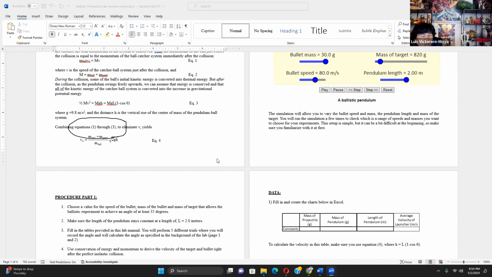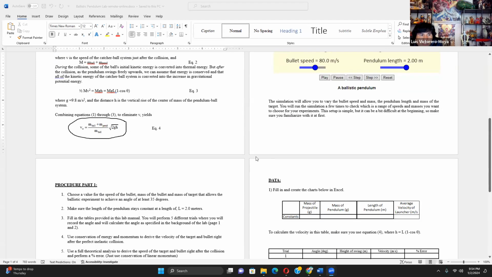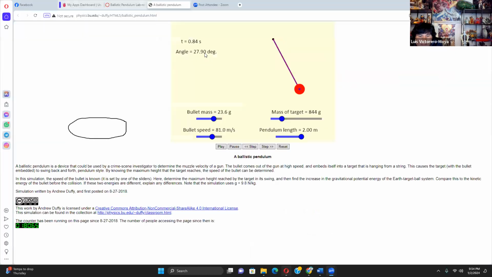Then you are going to find this V here by using the angle from the software. How?